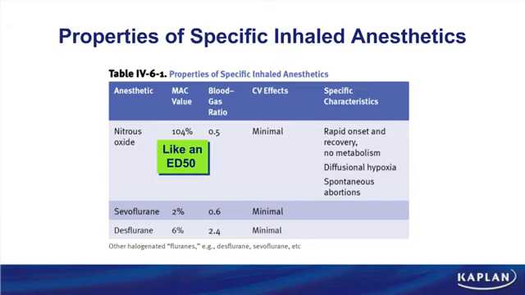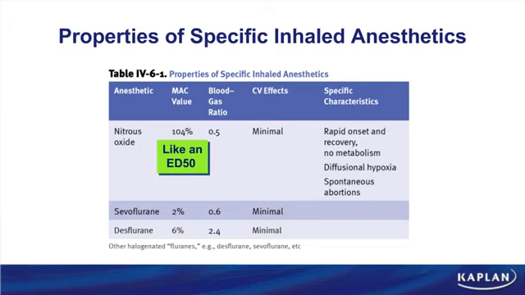The next column is the blood gas ratio. What this column is going to predict is onset of activity. It'll also predict onset of recovery as well. When we think about the blood gas ratio, the rule is this: the lower the number, the more rapid the onset. So nitrous oxide, compared to, let's say, desflurane, has a more rapid onset of activity.